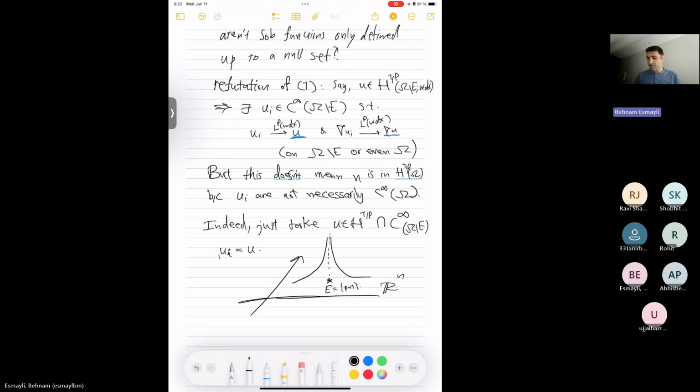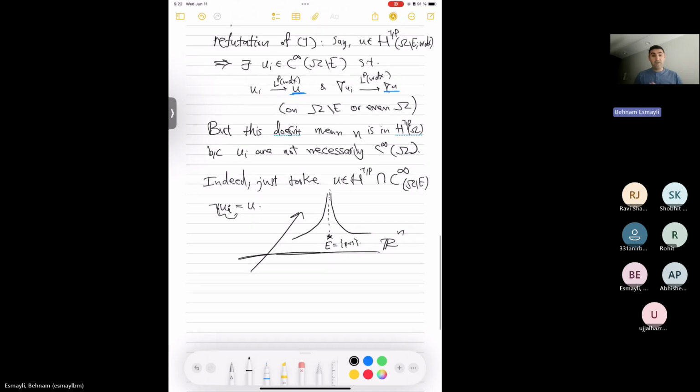But the same sequence u_i doesn't imply that it is in H^{1,p} of all of R^n. If it happens to be the case that my function is at the end of the day again in H^{1,p} of all of omega, you need a different sequence. The one point will end up being removable. So in this picture that I have, just to give you an idea of how we prove that this is actually in H^{1,p} of all of R^n, you take approximating functions to be like this.